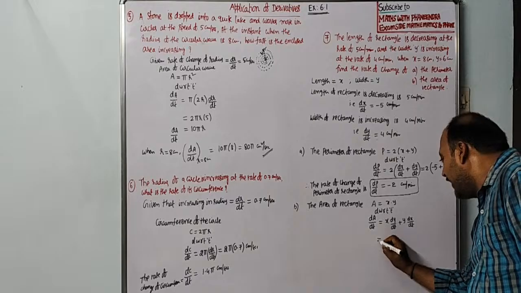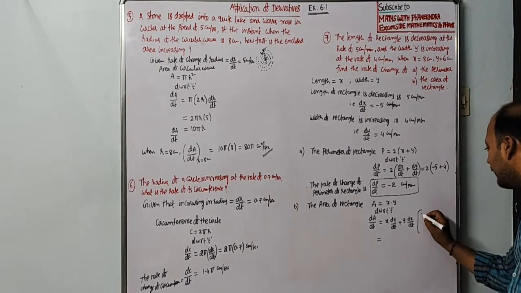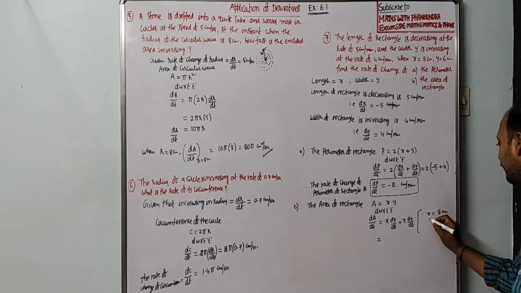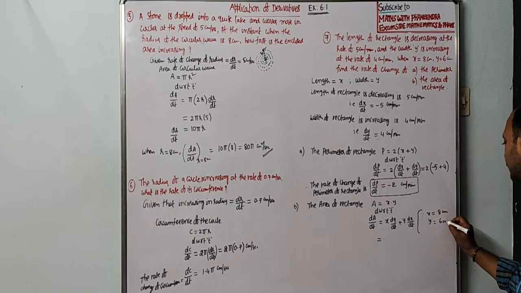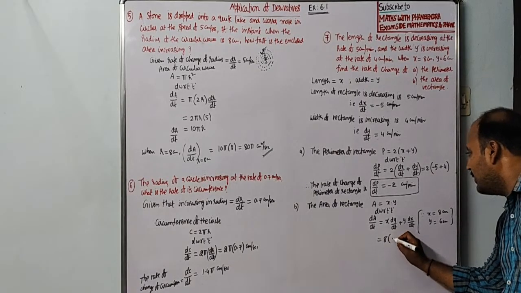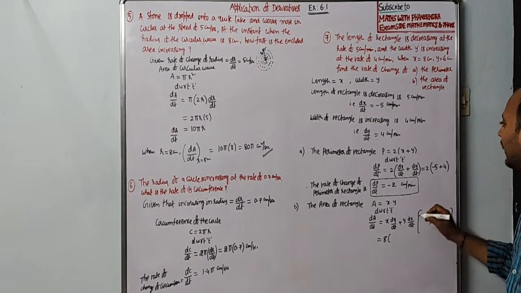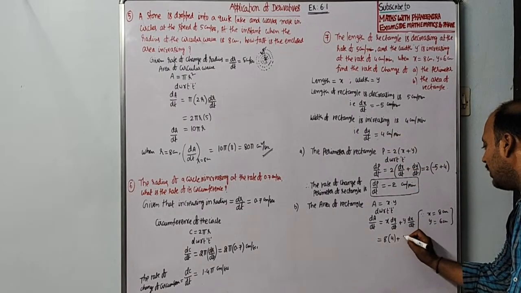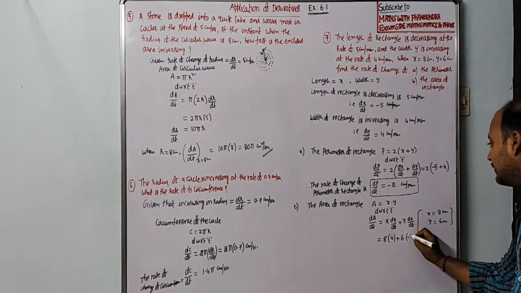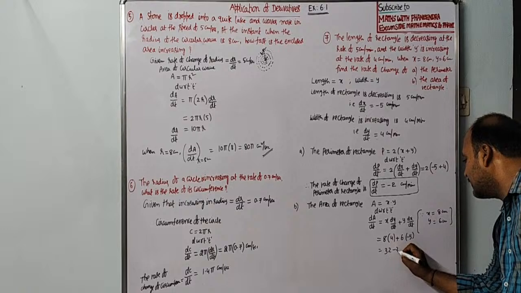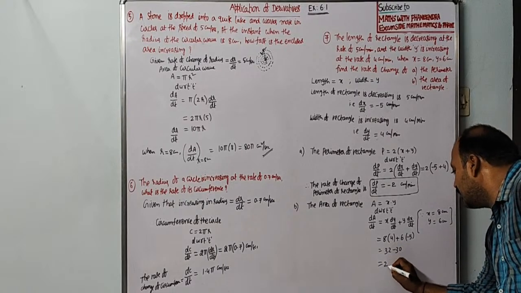Since the values of x and y are given, x is equal to 8 centimeters, y is equal to 6 centimeters, dear students. So 8 into dy by dt, which is given as 4, plus y value 6 into dx by dt, which is given as minus 5. So 32 minus 30, that is equal to 2.